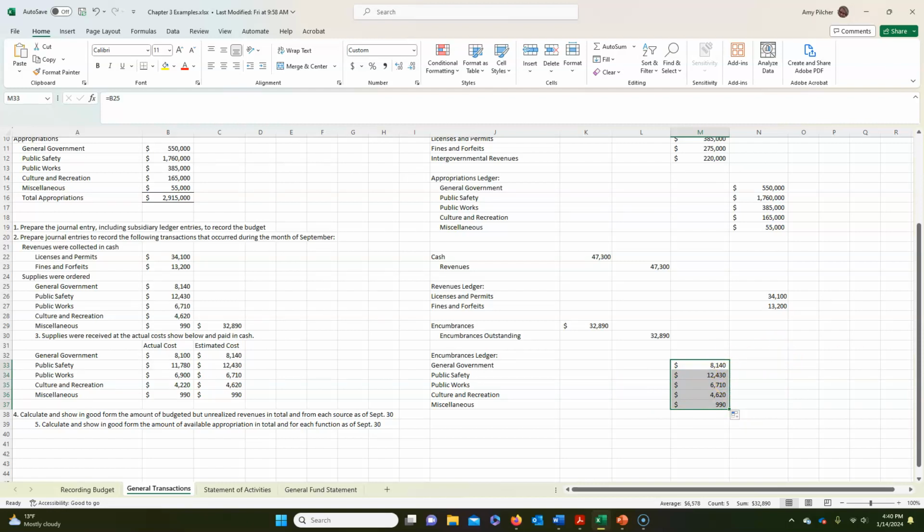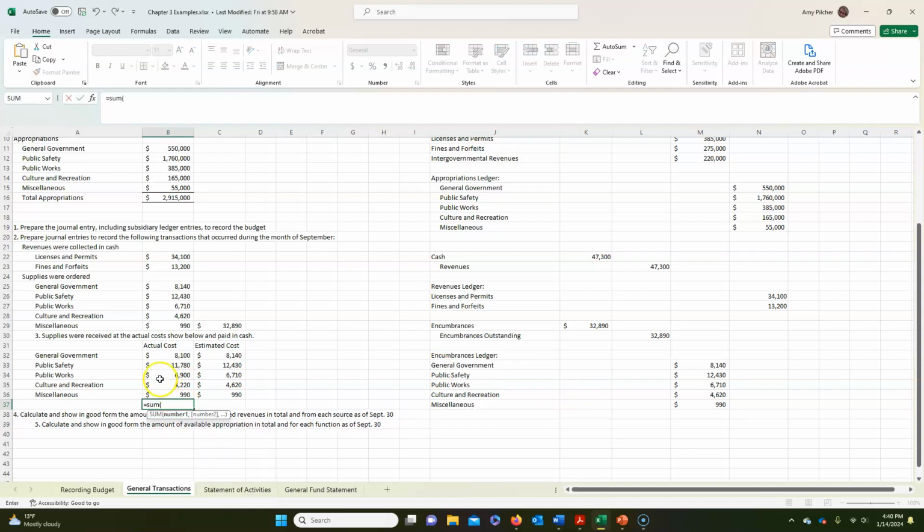For number 3, we have supplies were received at the actual costs shown below and paid in cash. So there we're going to record in the general ledger first. So we have our totals.